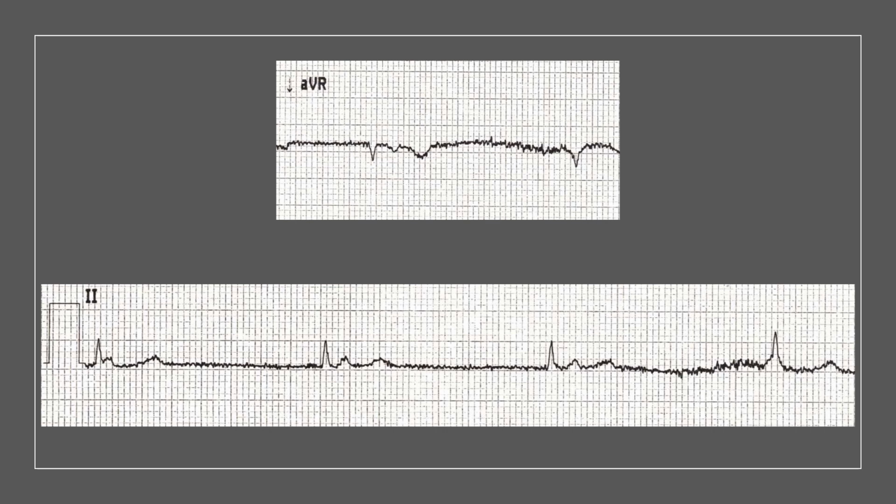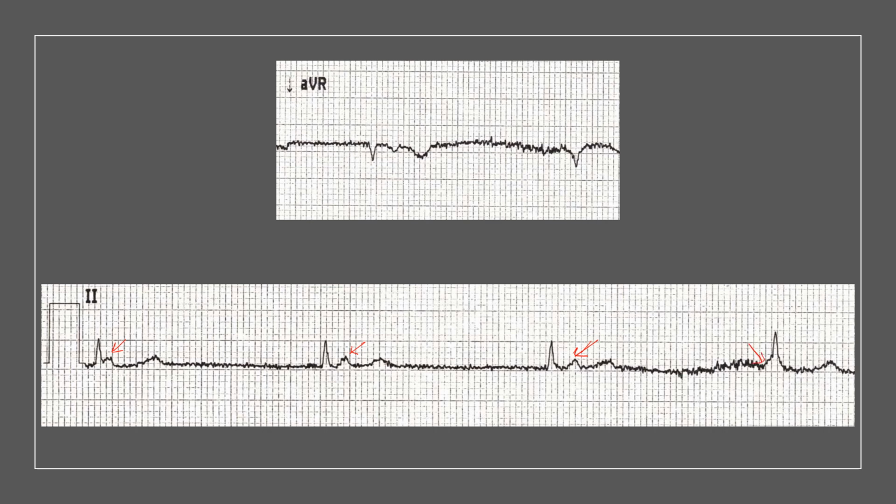And then we've got the variation in the relationship between the complex and the P wave. Here the P wave is just after the complex, actually coming from the end of the complex. Here it is after the complex, separated by a small distance. Here the distance is a little bit bigger, and here it is merged with the first half of the complex.